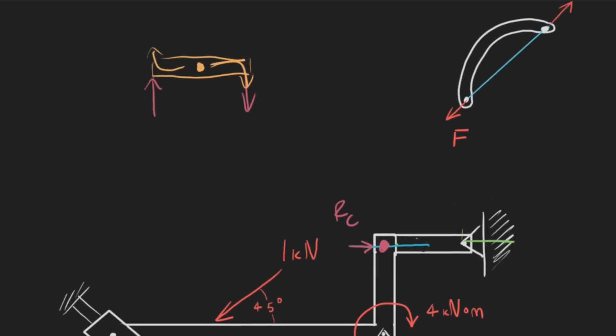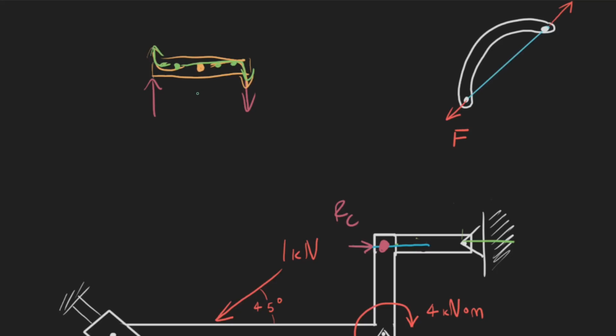But if I were to shift this point to the left a little bit right here, what I would see is that this one would get a little bit longer, which would create a longer radius and thus more torque, but this one will get a little bit shorter. And if these forces are equal and opposite, which they would need to be for this whole thing to be in equilibrium, then the amount that this gets longer and the amount that this gets shorter would balance out in such a way that I would see the same torque here, here, or any point along this beam.